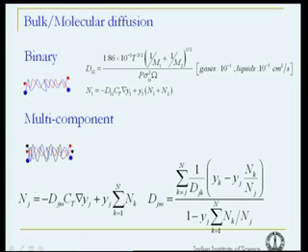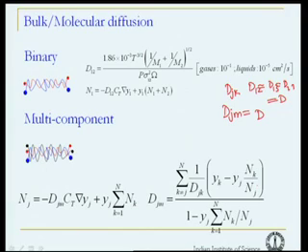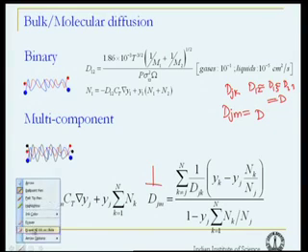For example, if for all pairs DJK, that is let us say D12, D13, D23, if you have a ternary system, if all of them are equal, then as you would expect DJM, let us say this is some value D, will reduce to D. So, if you put all the D values as more or less equal, this comes out and 1 over DJM becomes simply 1 over D. Okay. So, that is one simplification.